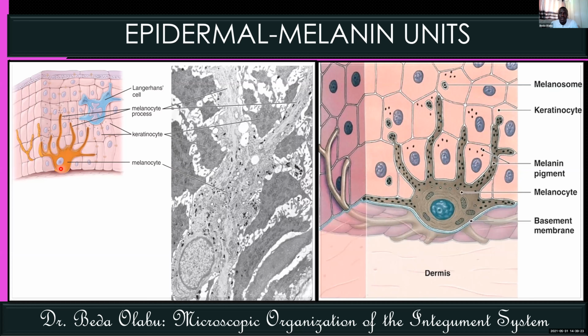They produce melanin pigment, but this melanin pigment is distributed to a number of keratinocytes, usually in the range of 50 keratinocytes. So melanocytes have processes that distribute the melanin pigment to many surrounding keratinocytes.